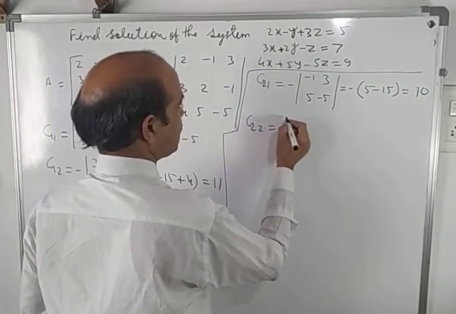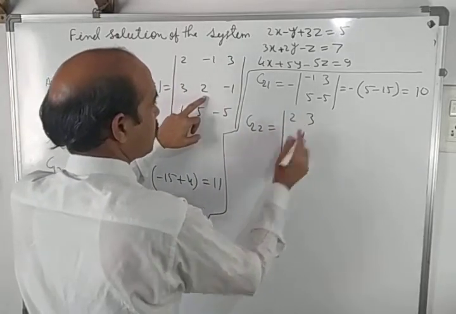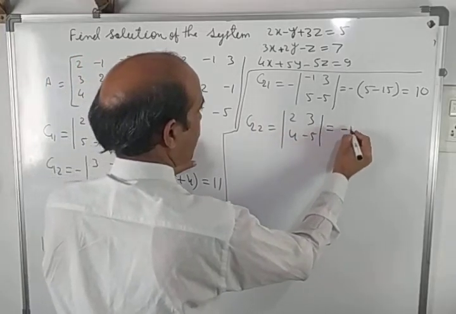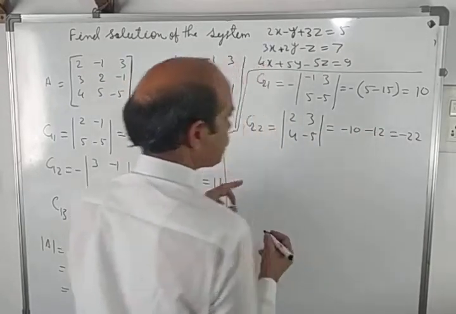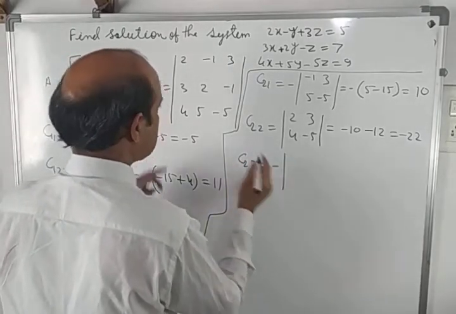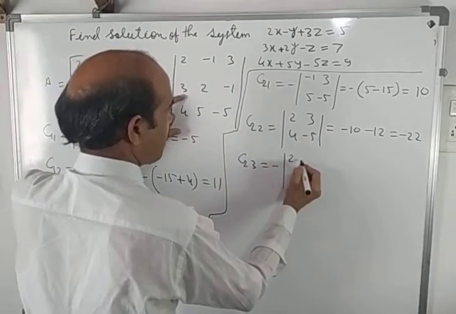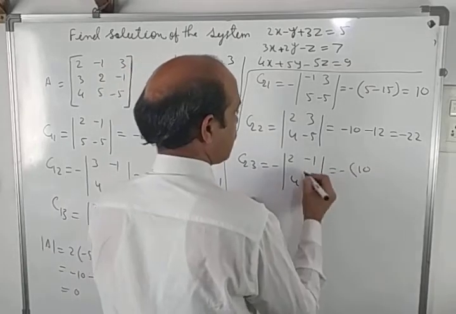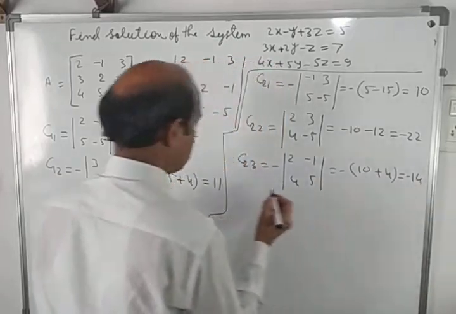Second row, second column, leaving these two, 2 3, 4 minus 5, minus 10 minus 12 is minus 22. Then second row, third column, minus, leaving this and this, 2 minus 1, 4 5, 10 plus 4, it is minus 14.